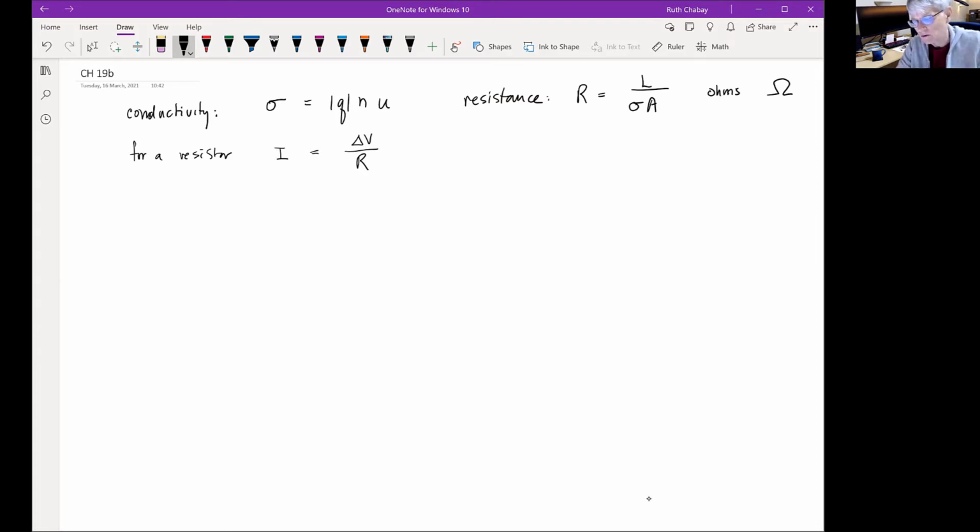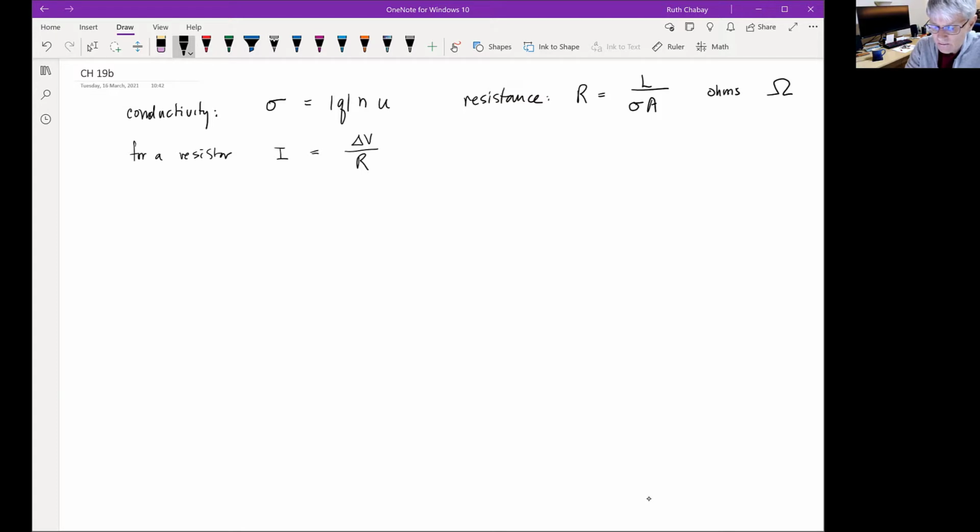And we also wrote loop and node equations for circuits involving power supplies and resistors and whatnot. And we learned some conventional symbols for it.